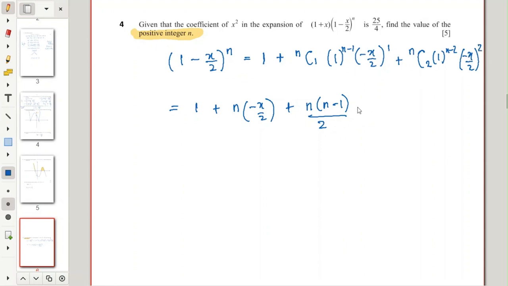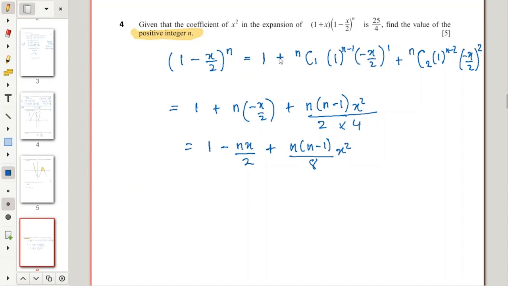And this will give you x squared over 4. So I'm going to have 1 minus nx over 2 plus this. So this is my expansion.